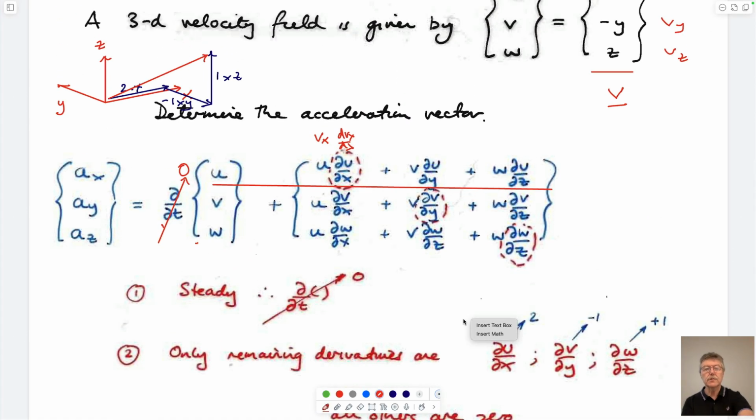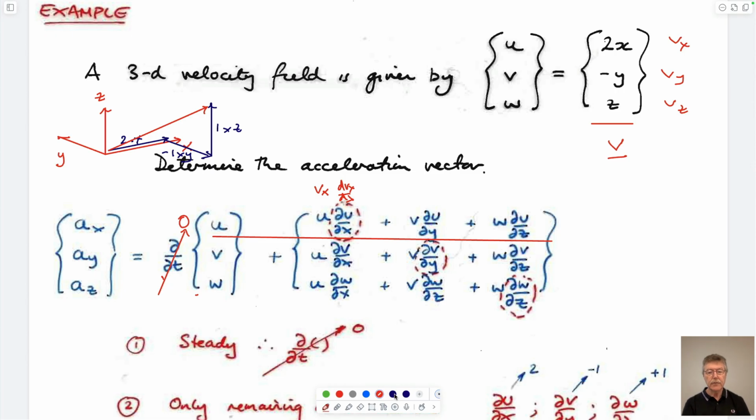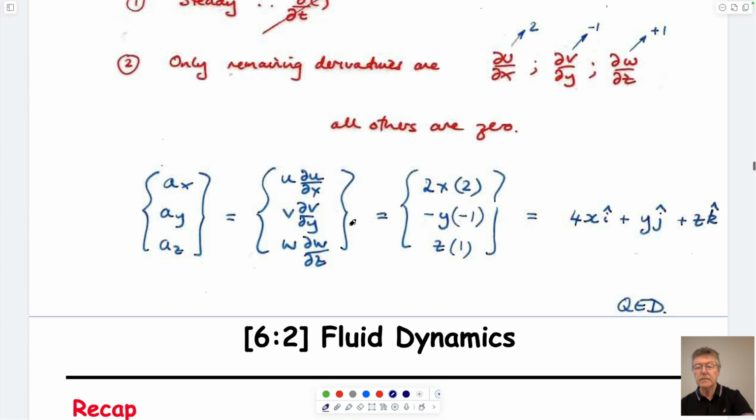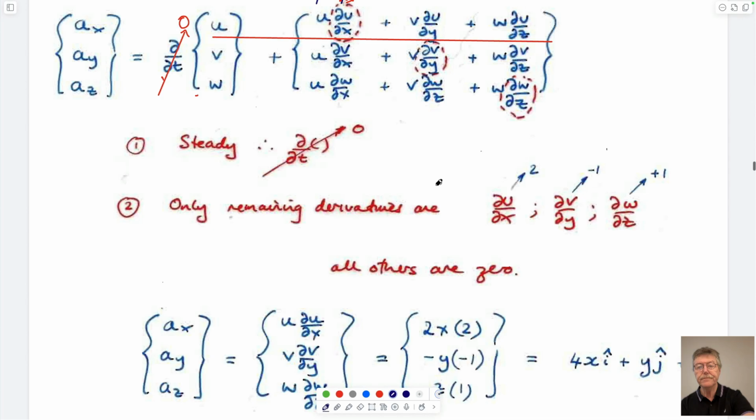And so this term would be what? It's getting crowded, I know. So Vx is equal to 2x. And dVx dx is equal to the derivative with respect to x of 2x, which is going to be 2. So it should be 4x, right? Yeah, it's exactly what it is here.